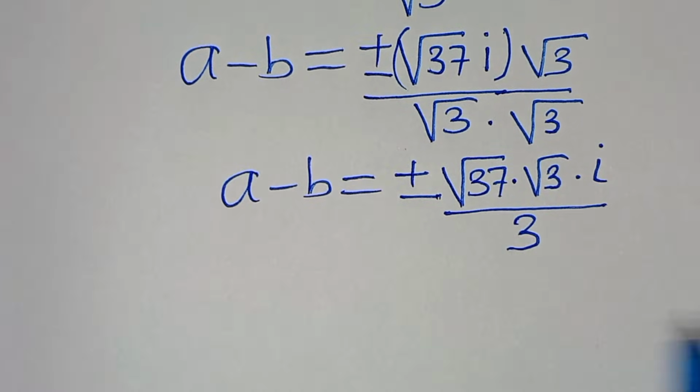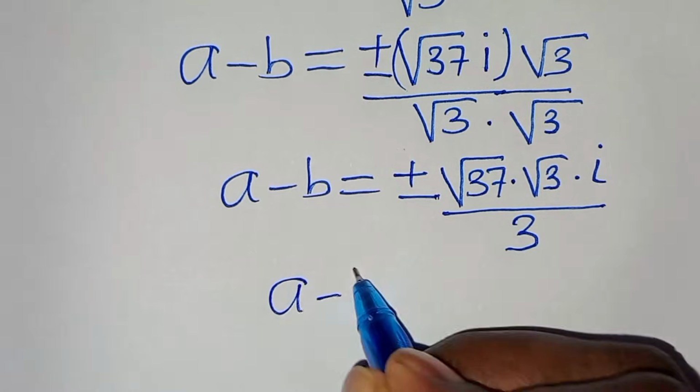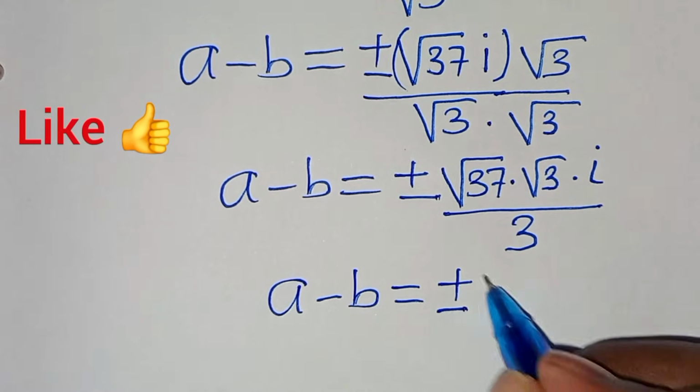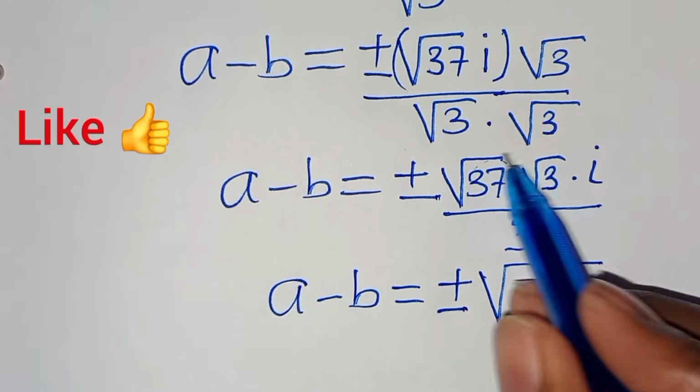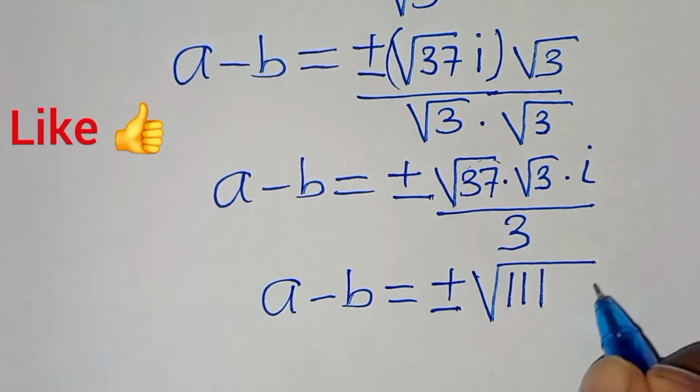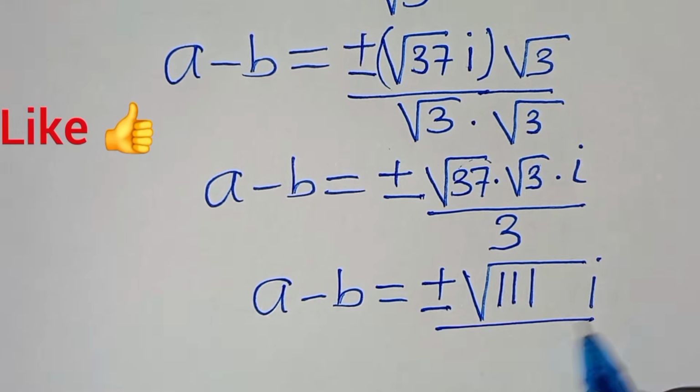So this implies that a minus b is equal to plus or minus the square root of 37 times 3, which is square root of 111, multiplied by i divided by 3.